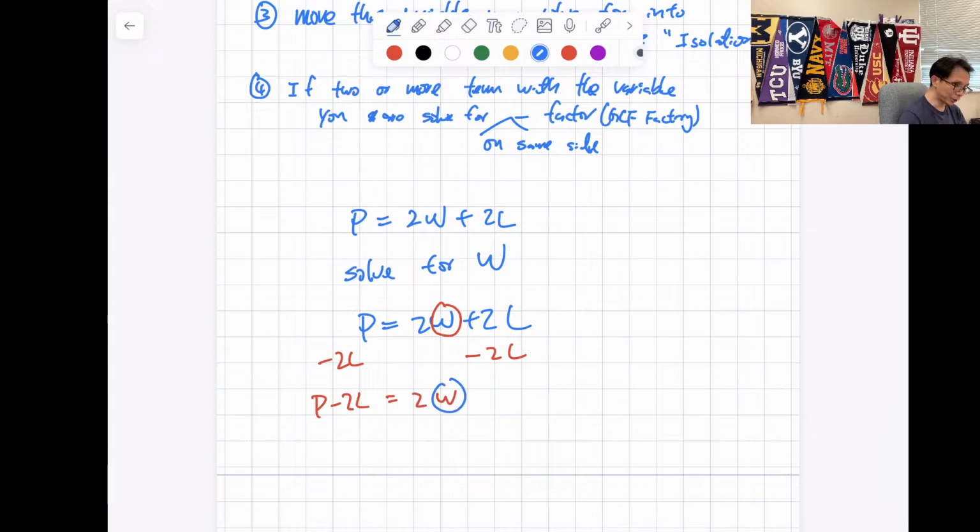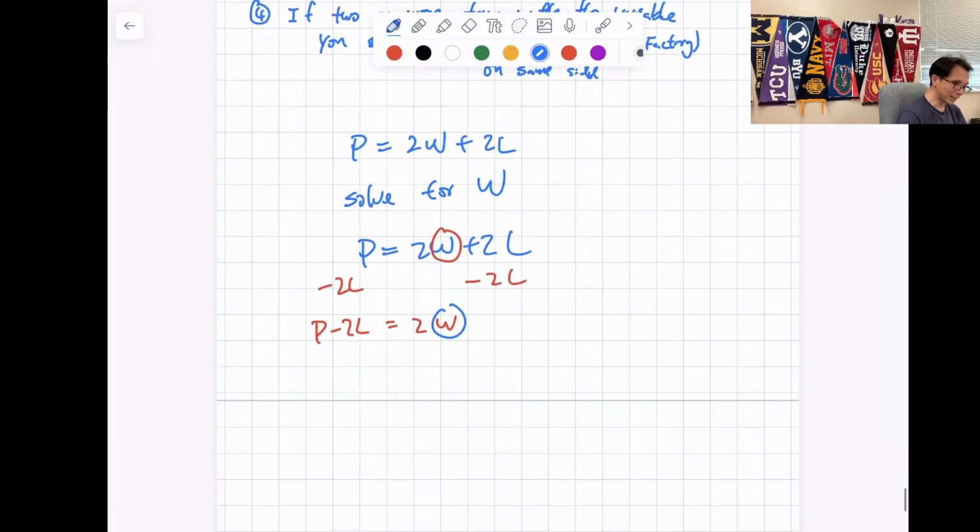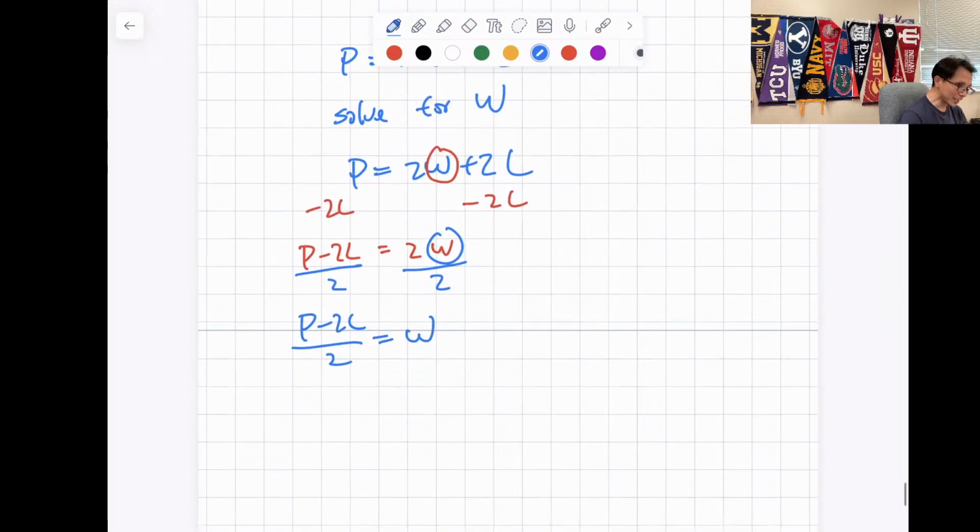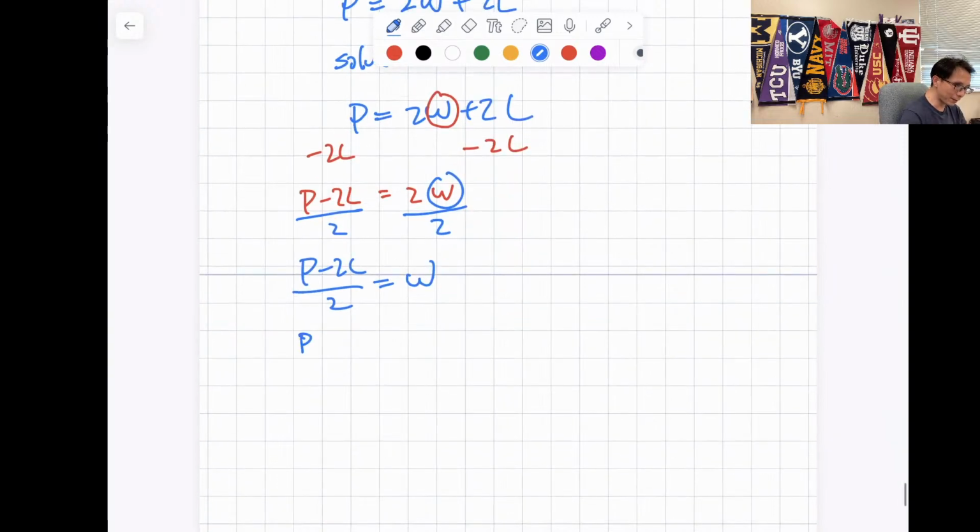Again, I'm going to circle them. I need to isolate W, so I'm going to divide by 2. So it'll be P minus 2L over 2 equals W. Or you can split them. Anytime you have a bottom with one term, you split. Usually that's another solution.